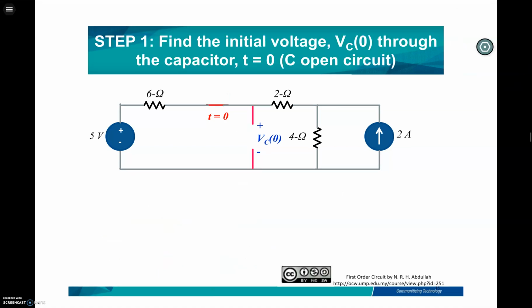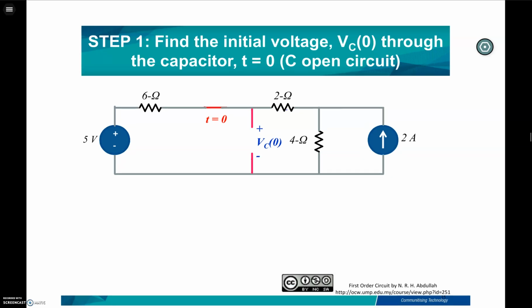As for step 1, you need to find the initial voltage Vc0 across the capacitor when t is equal to 0 or t is less than 0. So you can see that when t less than 0, the switch is closed.